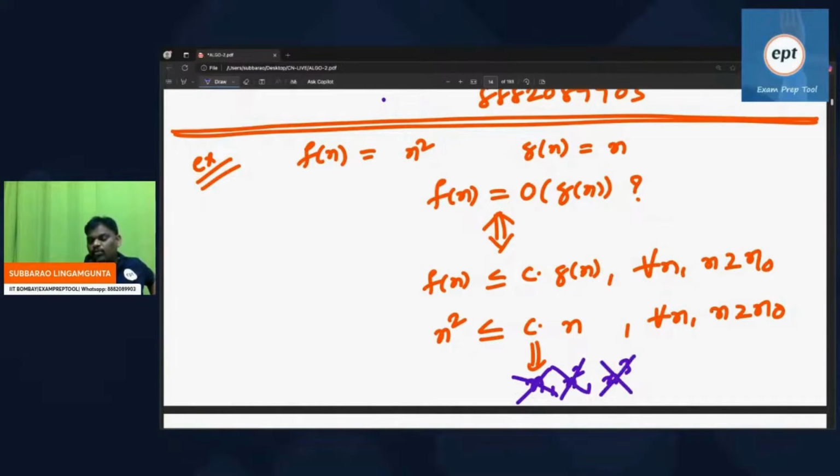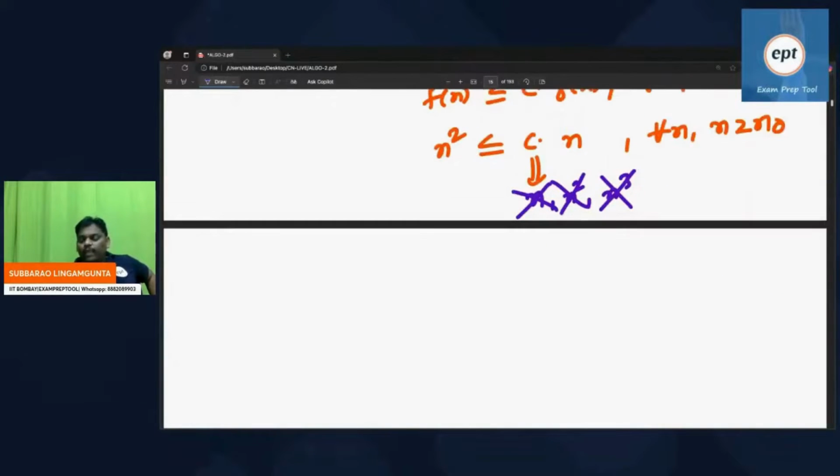So c is saying, I am a constant, and with the help of a constant, prove the right side is bigger. It is impossible. Some people are saying, sir, can't I take the c value as n? If c is n, then it is a function, it is not a constant. You take whatever you want in the c place, you cannot prove the right side bigger, because the limitation is you can take only a constant. Only constant is allowed.